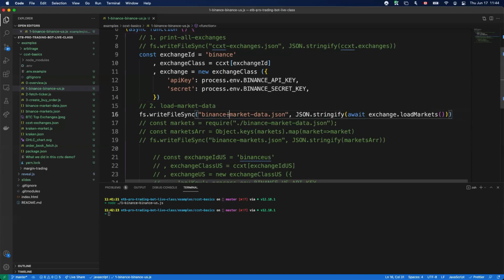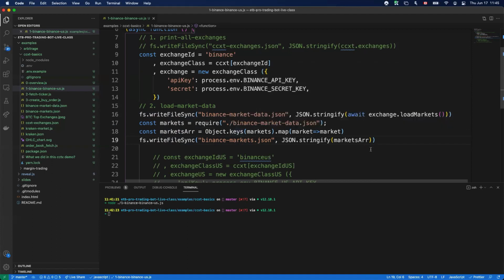So here we're going to get the data and store it into the file. Next, we're going to read the file and assign it to the market variable, and that's where we will be able to fetch what markets are available, right? So this is the procedure.